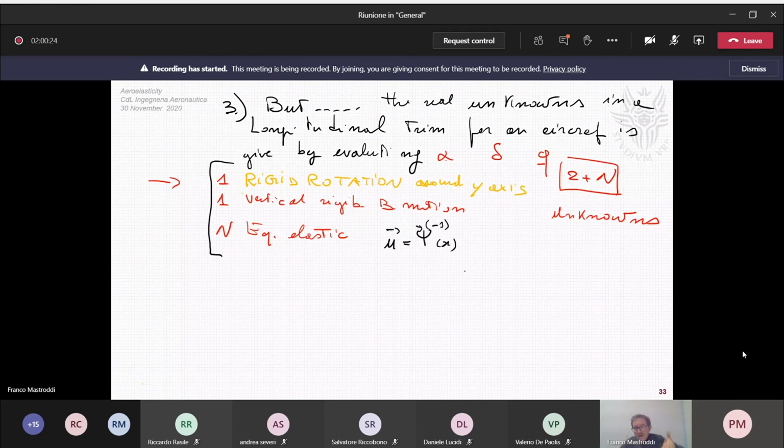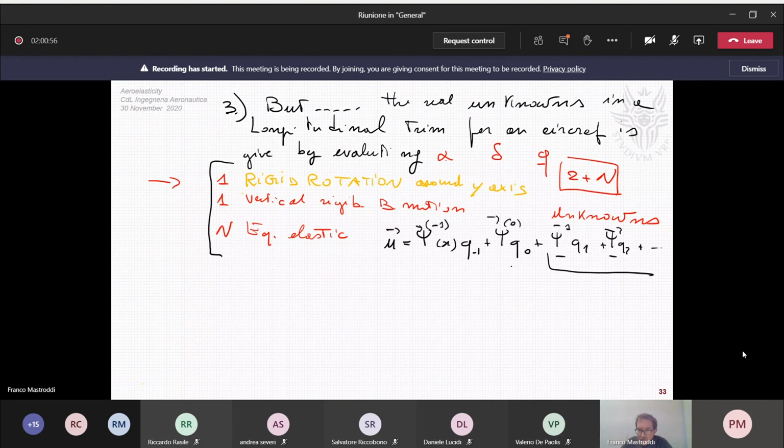Let me use this negative index just to emphasize. I want to add a model contribution with -1, and this -1 is essentially a rotation. So we have plus psi 0 as before for the vertical contribution with Q0, plus the elastic ones: psi 1, Q1, psi 2, Q2, and all the other elastic ones.